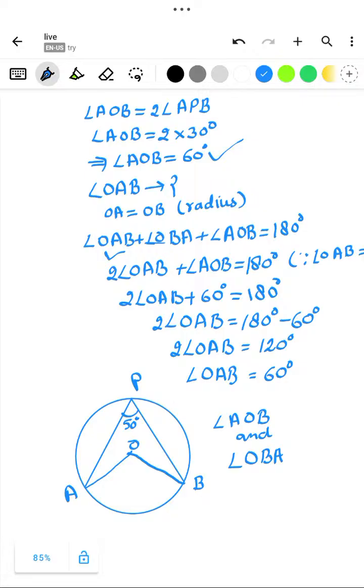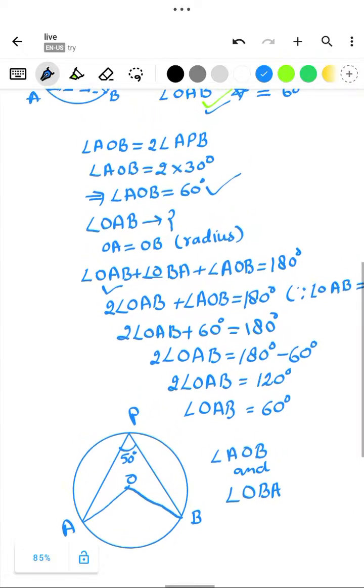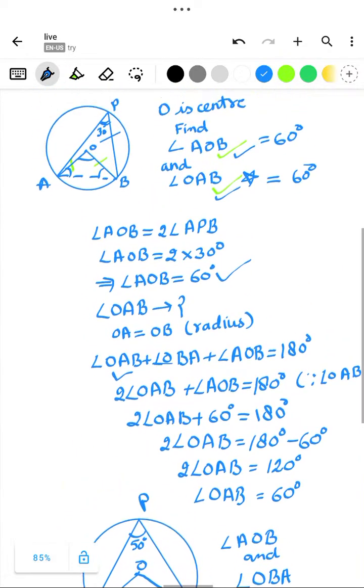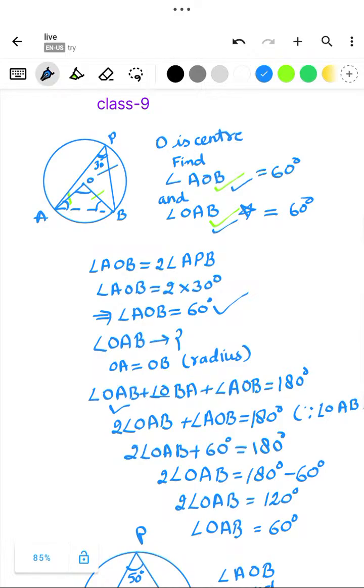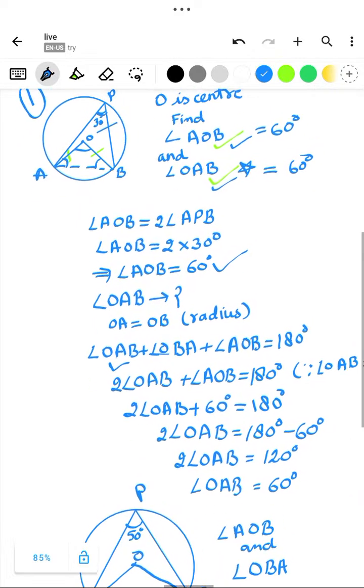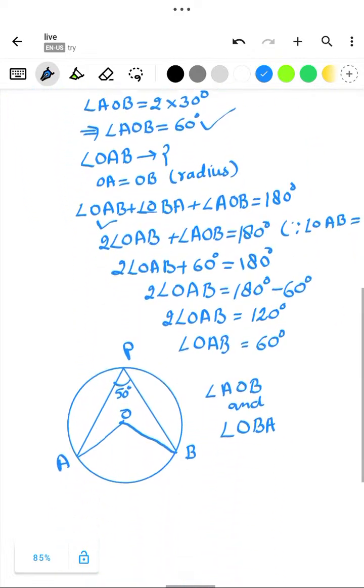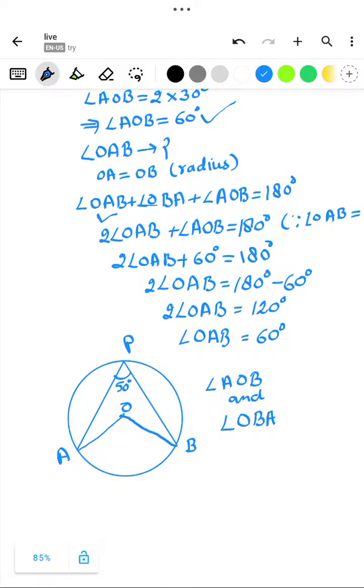So try to solve this question. This you can solve similar to this question which I have solved earlier. So let me mark it as question number 1. So following the same method you can solve this question also. So I will request you to solve this.